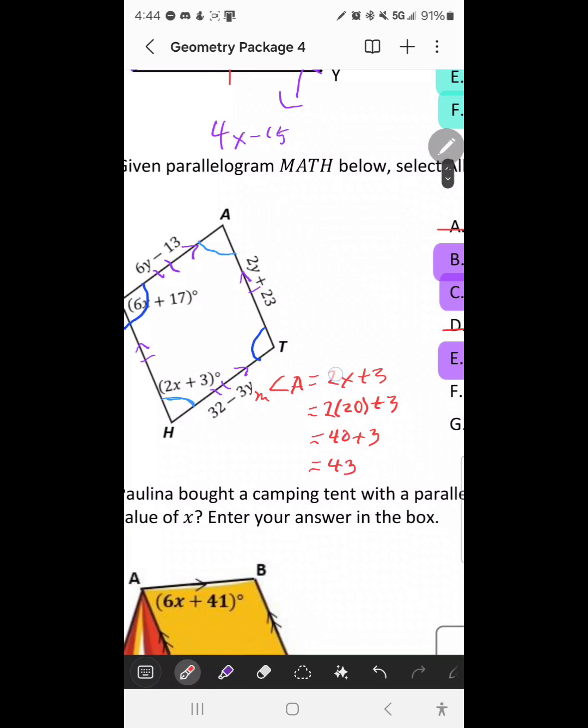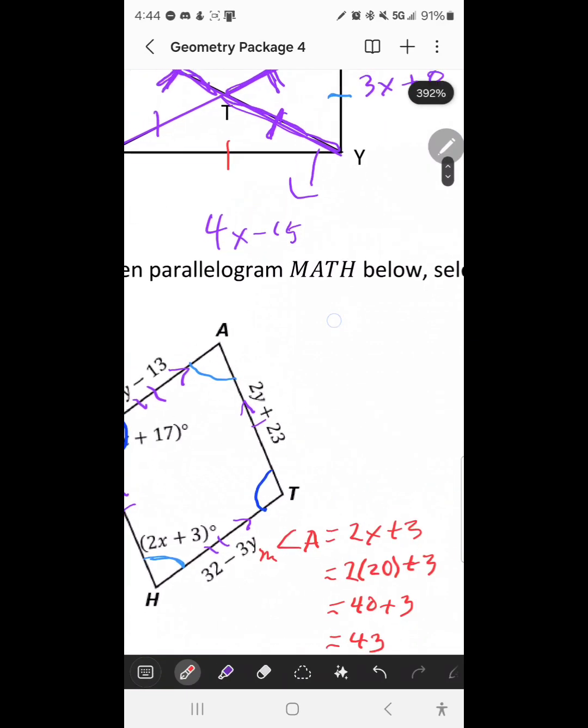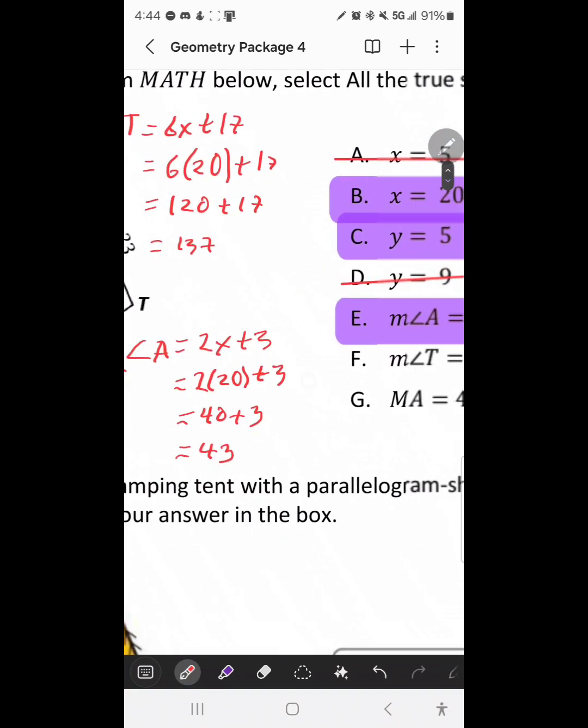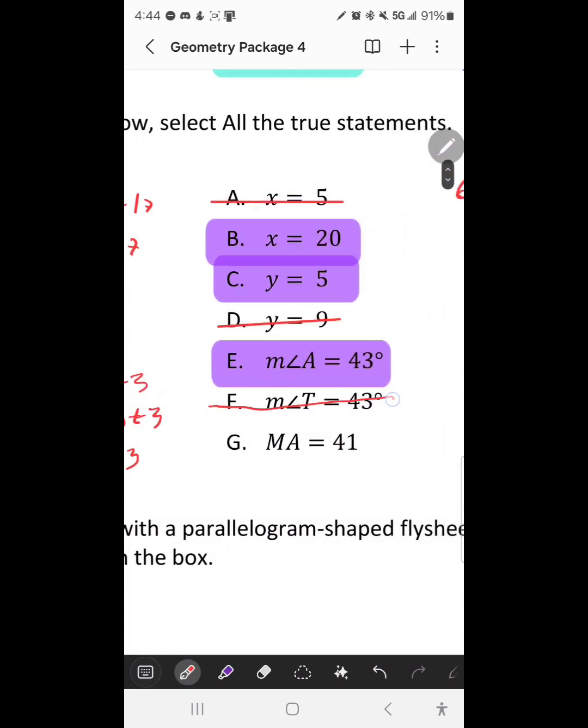Or use the normal way. So you take 6x plus 17, so angle t equals 6x plus 17. This is 6 times 20 plus 17. This is 120 plus 17. And this is equal 137. And that's the value, which is not what we're looking for.